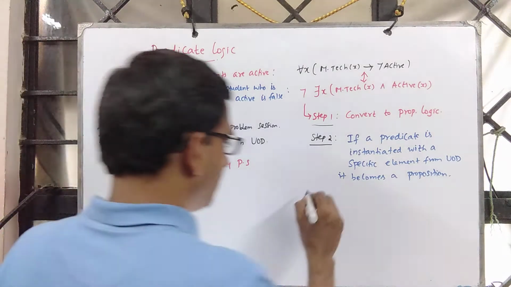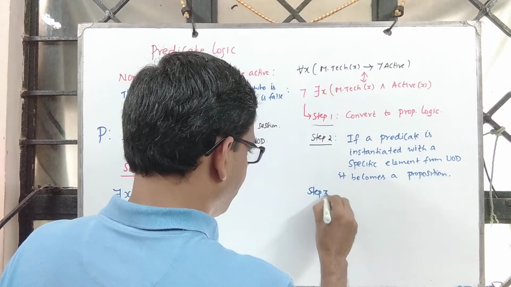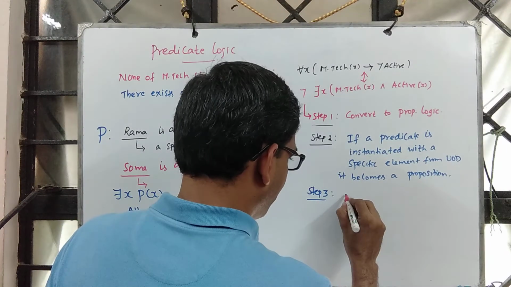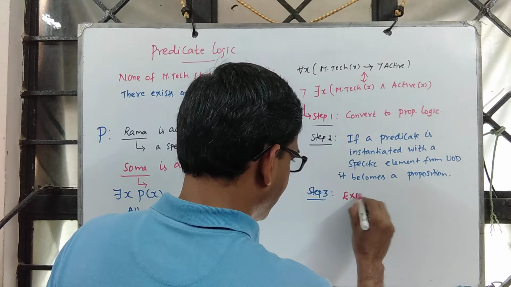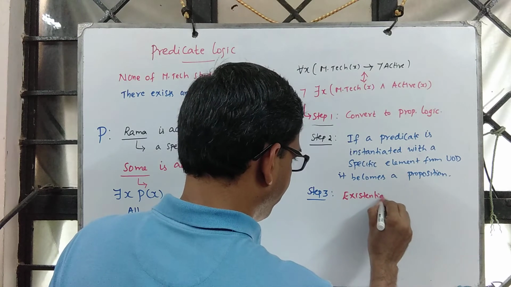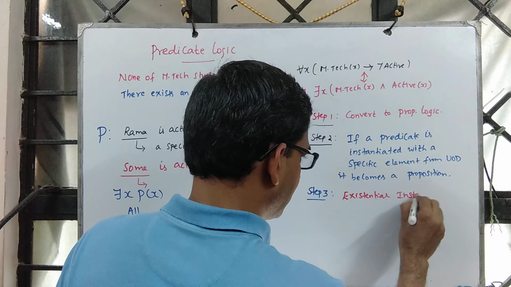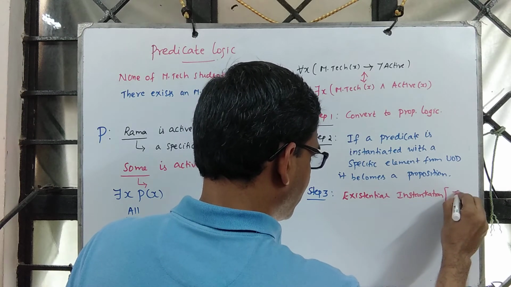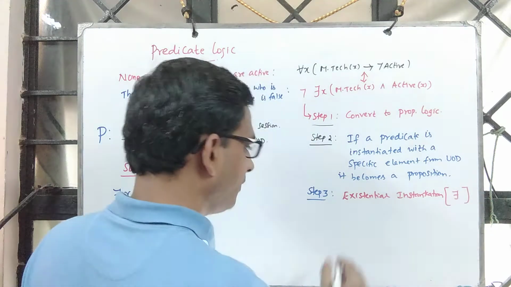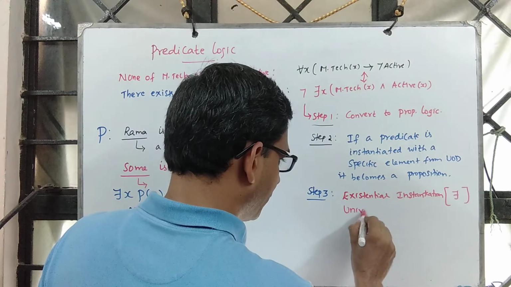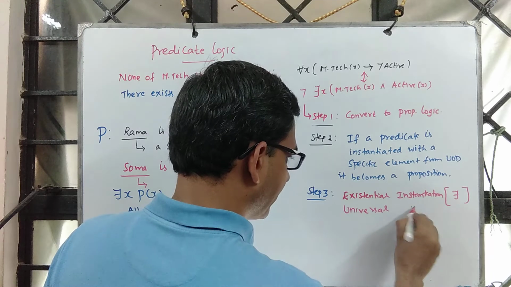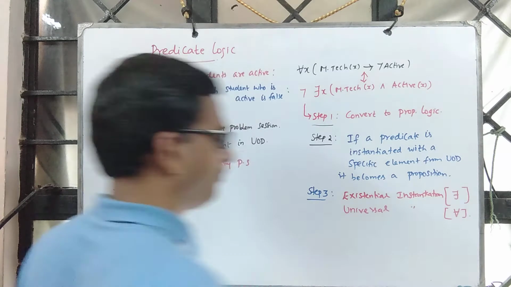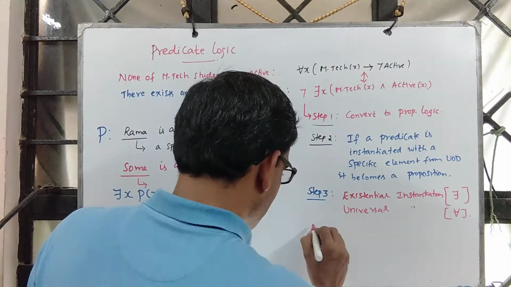Towards this, we perform two things. One is called existential instantiation. This is used when there exists appears. Another one is universal instantiation, for the for all variable.